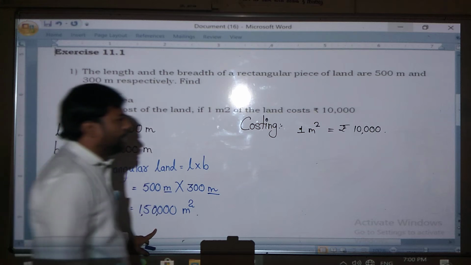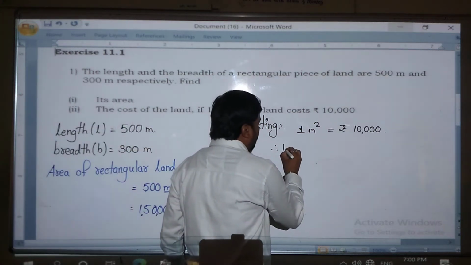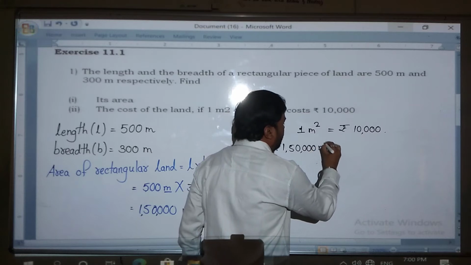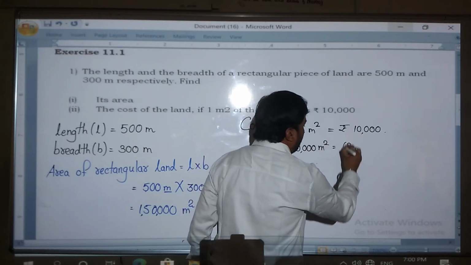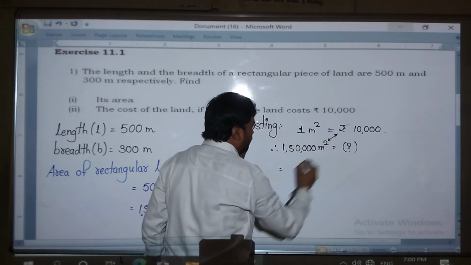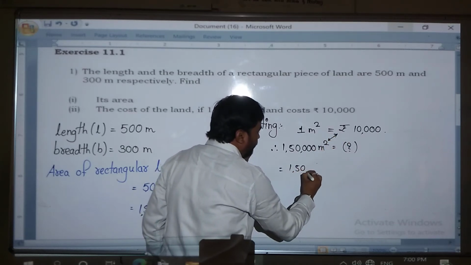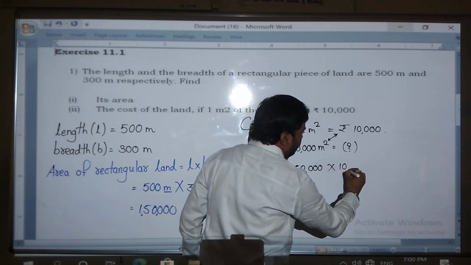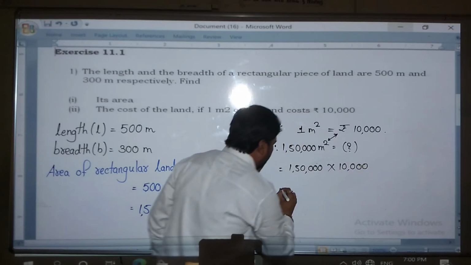So what is our area? So 1,50,000 meter square will be how much? So that is cross multiplication. 1,50,000 multiplied by 10,000.